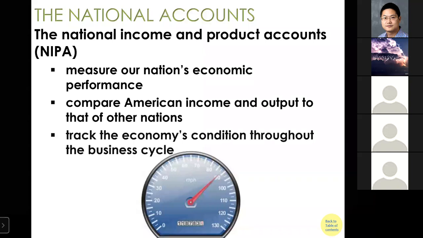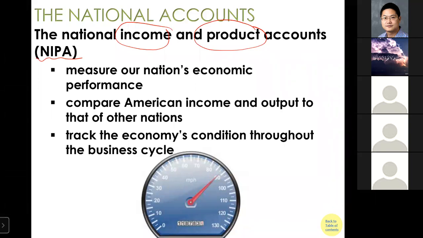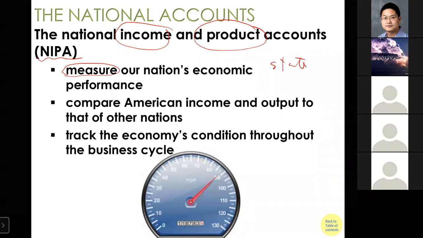For GDP, we rely on the national accounts. The national accounts stand for the national income and product accounts. There are two keywords, income and product, short for NIPA. This NIPA account is used to measure our nation's economic performance. Apparently it can be used to measure not only the nation but also the state and the city.